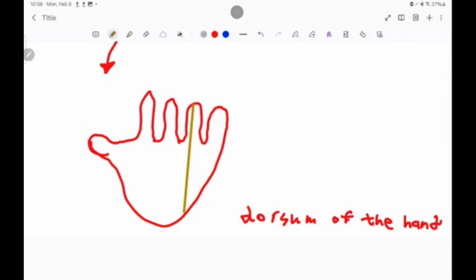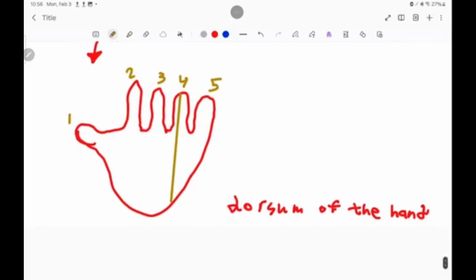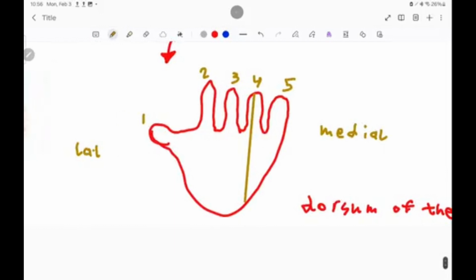Okay, so this is 1, 2, 3, 4, 5. It supplies both finger 5 and the medial half of finger 4. So this is medial, this is lateral. What do I mean by medial half of finger 4? Like this half, not the other one.